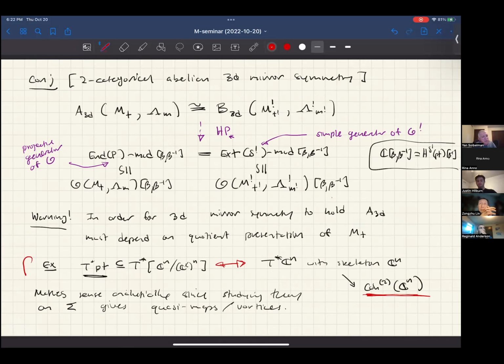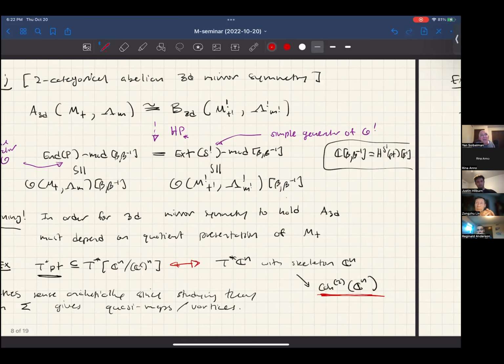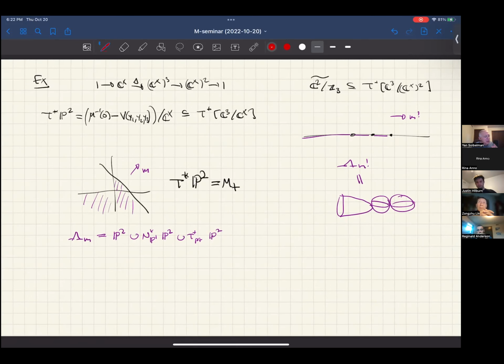But if you have something non-exact, I mean, I am not asking about the physics meaning, but something like, instead of the cotangent bundle to C, as in your last example, which is C cross C with some stratification, some skeleton, you take C star cross C star, which is non-exact, but still symplectic.